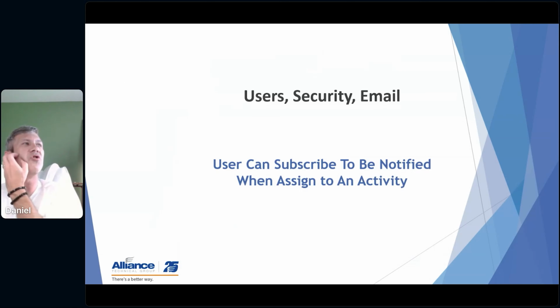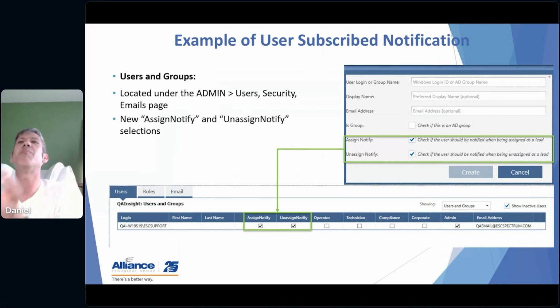The next was user security and email. Users can be subscribed to be notified when they're assigned now, which is a big win. Again, we want this to be as seamless as possible. So here's an example of users and groups under the admin's user security emails page.